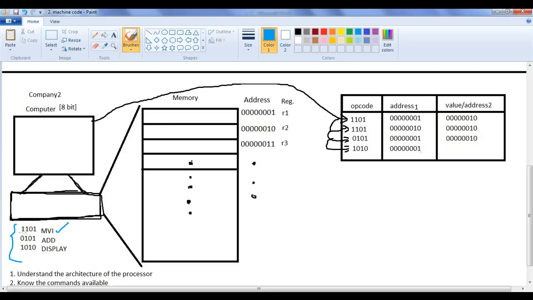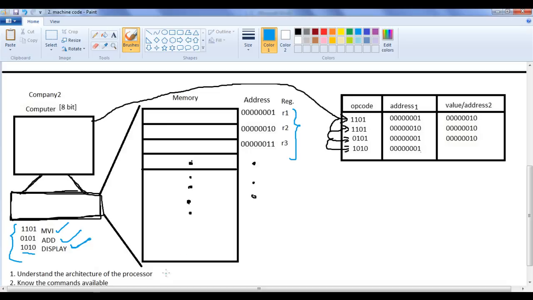For that the binary equivalent is 1101. For the add command, the binary equivalent is 0101. Instead of print, here we have a display command, and display has a binary equivalent 1010. And maybe it has different registers, R1, R2, R3, instead of A, B, C registers.